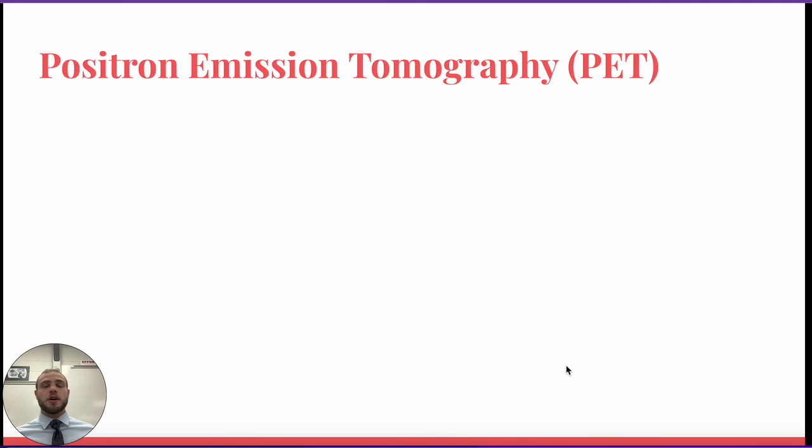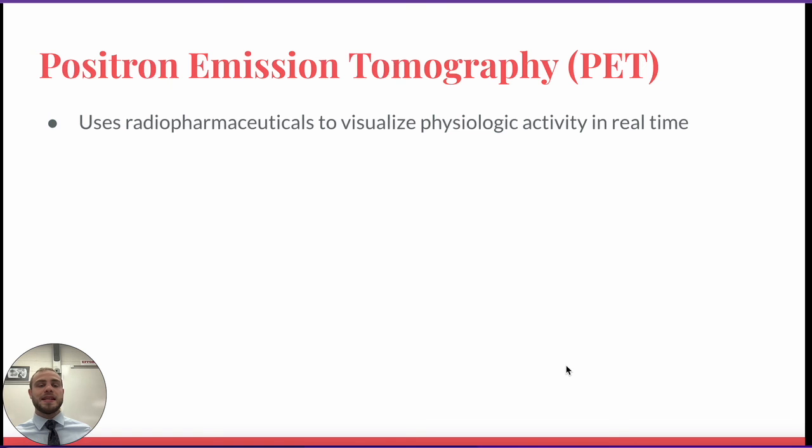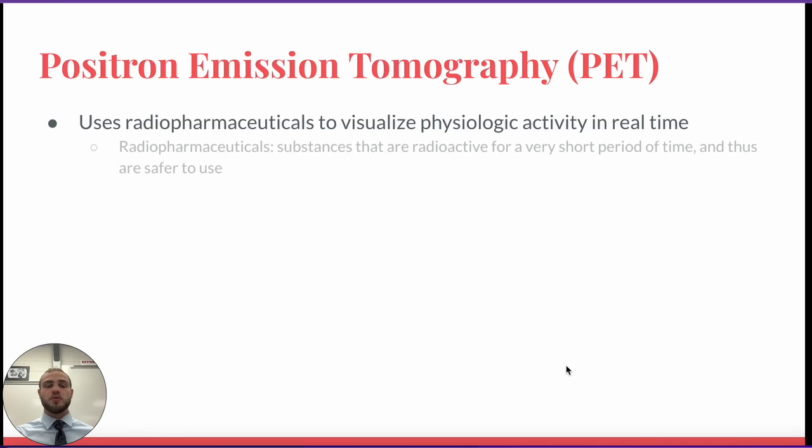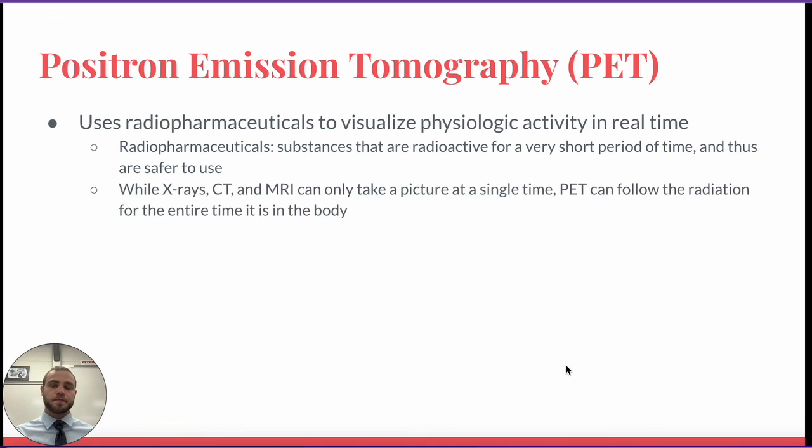Another one is positron emission tomography, or PET. It's going to use radiopharmaceuticals to look at the physiologic activity of the body in real time. Radiopharmaceuticals are basically a chemical, a substance that's going to be radioactive for a very, very short period of time. And because it's radioactive for such a short period of time, we deem it to be safe for use.